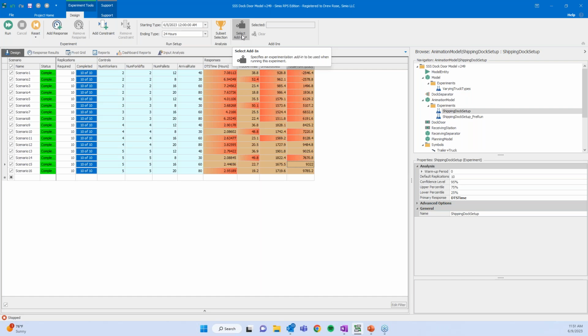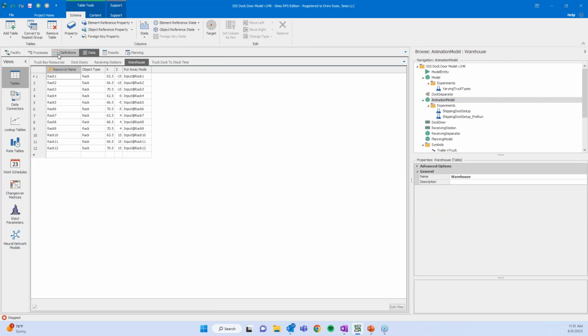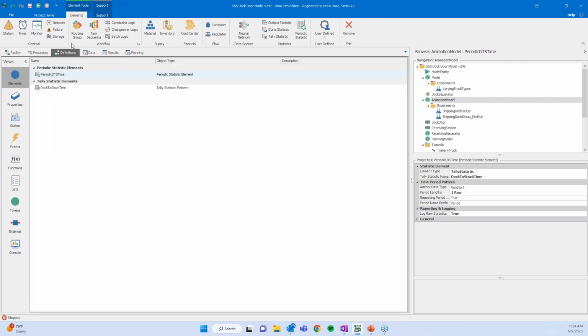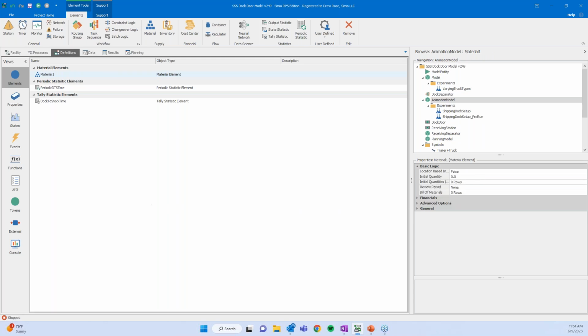So you could use material consumption and production in the material element, and I'll quickly pan to that. The material element gives you a lot of nice insights as far as different quantities and properties, and there are a lot of metrics you can pull from it. I've seen cases, and I myself have used the material as a nice instance of, instead of having to model out a part entity, having the material element do that work for you.